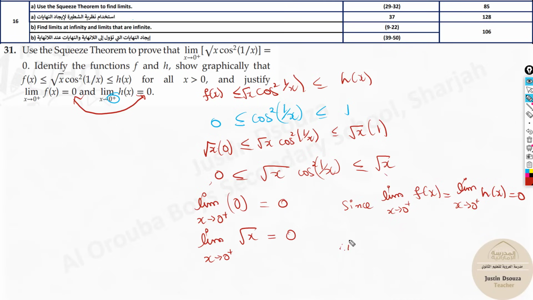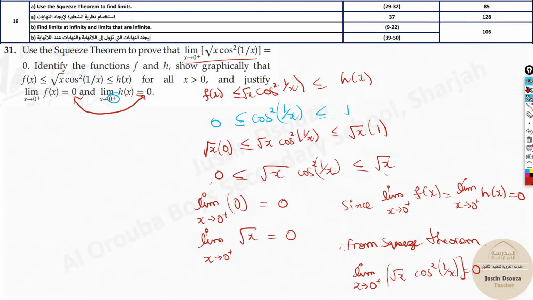Therefore, from the squeeze theorem, we must have the limit as x tends to 0 plus. This is the question we are finding. The limit as x tends to 0 plus of root x cos square 1 by x is equal to what? 0. That's it. So this is the answer.